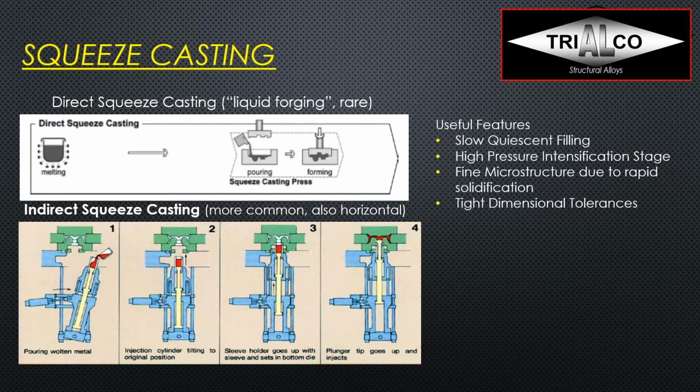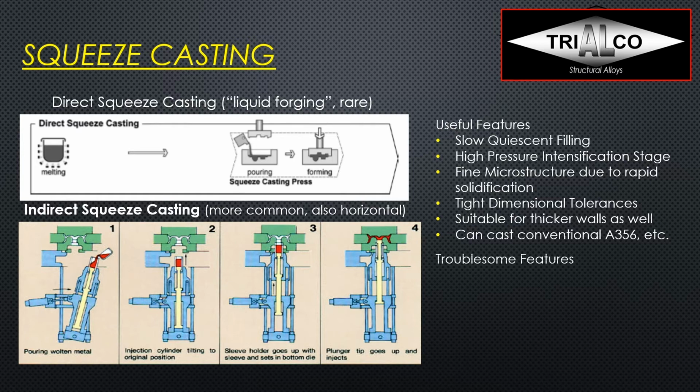It is also suitable for thicker walls, so you don't get this typical porous structure inside, and you can also cast conventional alloys like A356, which can be a cost advantage as well. So this kind of casting competes with low pressure die casting. The problem is that this means high capital investment, so you're talking about millions of dollars in one machine, and the dies are just as expensive as with high pressure die casting.